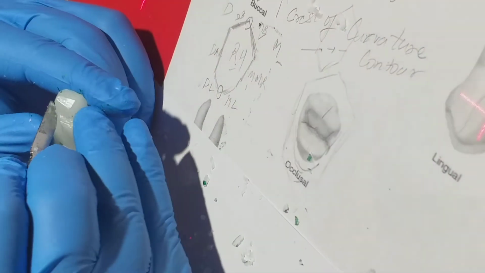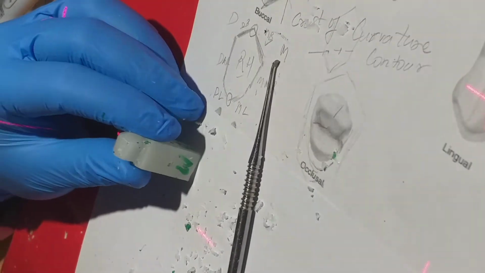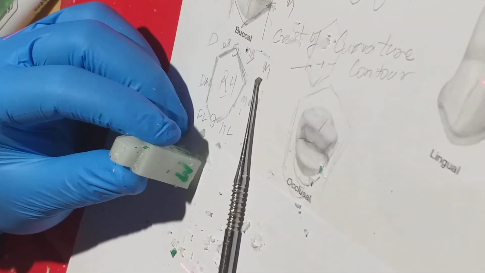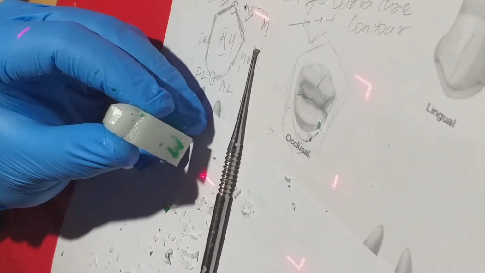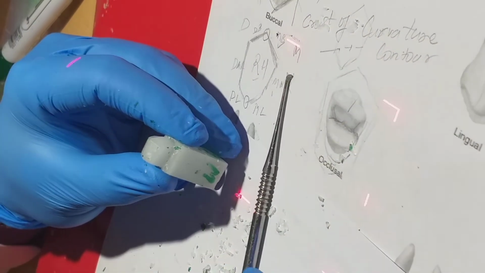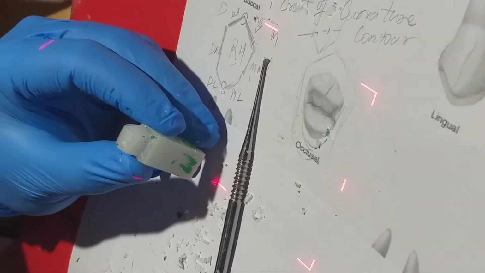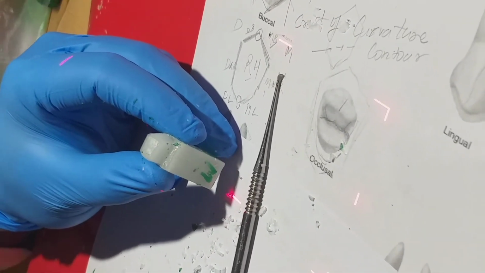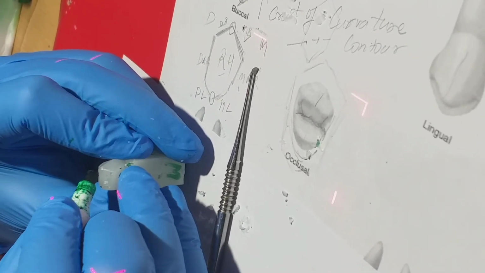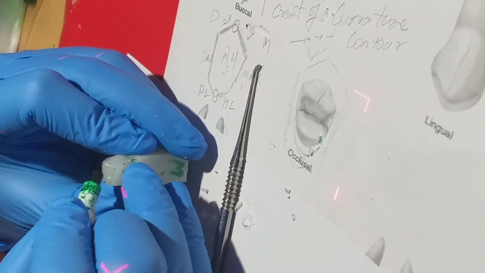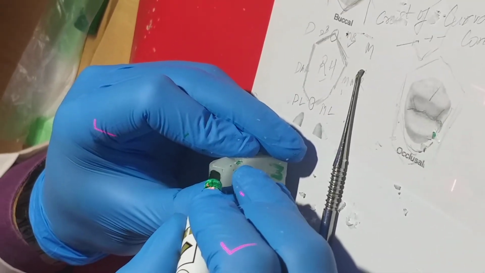So now we'll start carving the occlusal part. I'll just zoom it. So how you carve it? First you are going to draw a line like the central groove. This is the fossa.